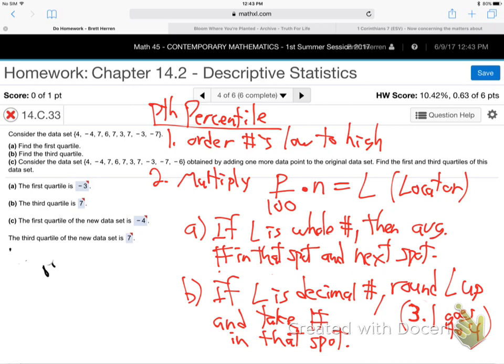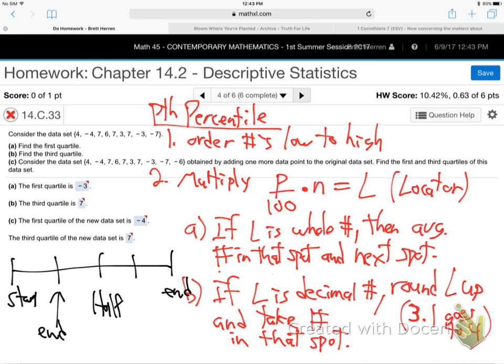Suppose you have the start and the end of the basketball game, right? And this is halftime, right? And this is the end of the first quarter, and this is end of the third quarter. You with me?